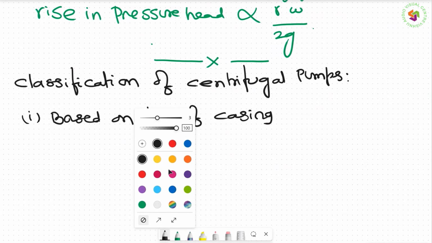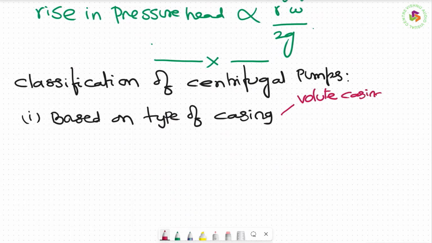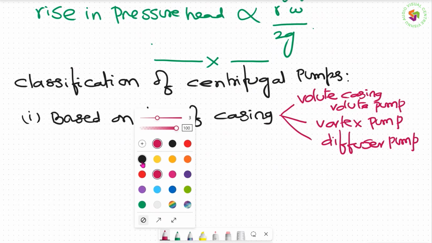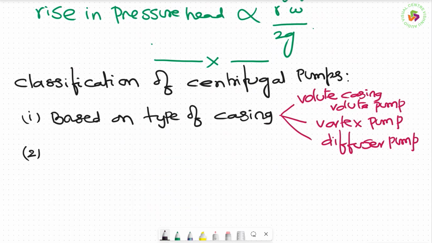Based on the casing, it is classified as volute casing, called a volute pump, vortex pump, and then the third one is diffuser pump. Again, these are all centrifugal pumps only. So based on the type of casing that we are using, it can be classified like this. What is number two? Basically, the working head.